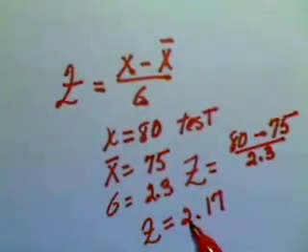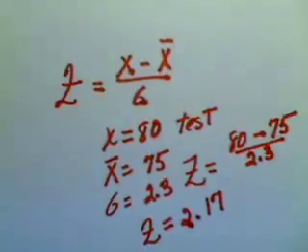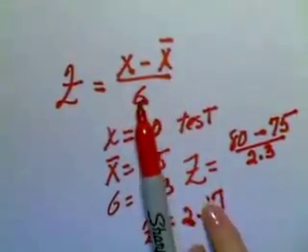This is unusual. It's a z-score greater than 2, therefore it would be a rare event. The x value minus the mean divided by the standard deviation.